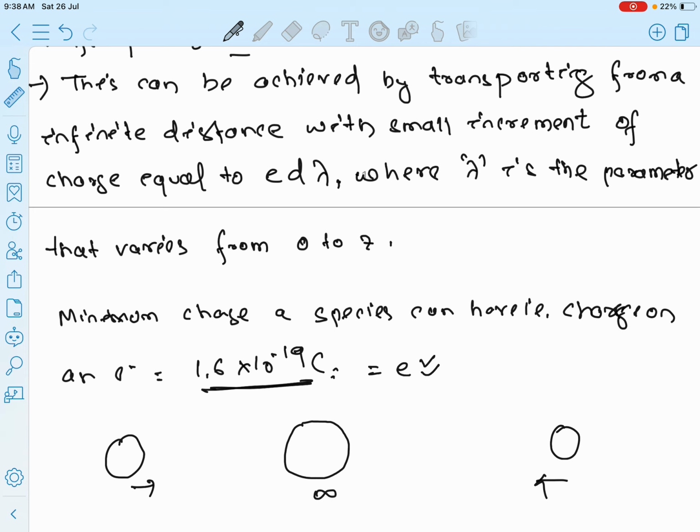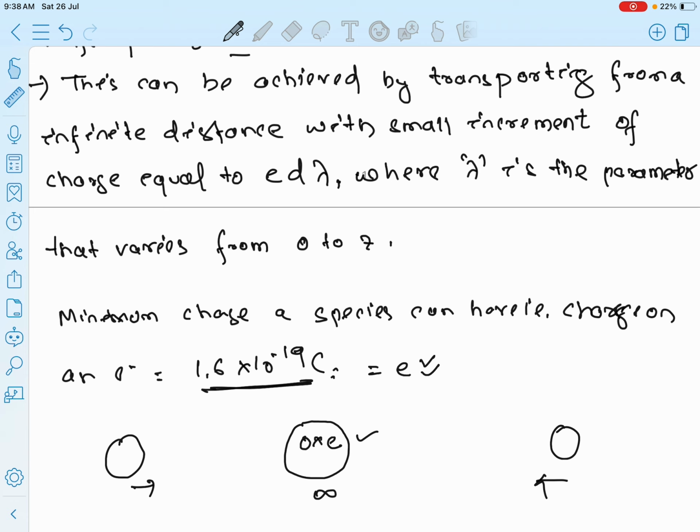When the charged particles are present at infinite distance, we are thinking that the thought process is like this: when they are present at infinite distance, this would have 0 multiplied by E charges, that means 0 charge.